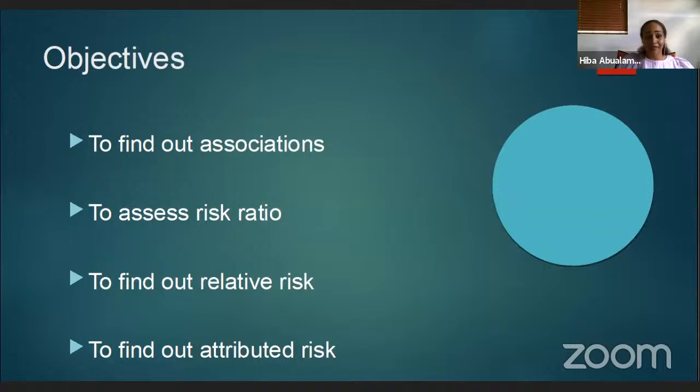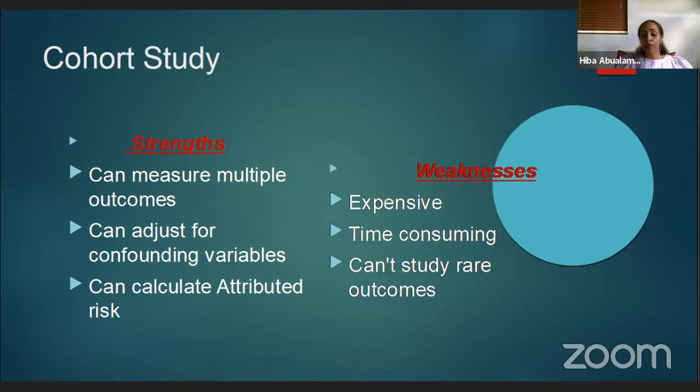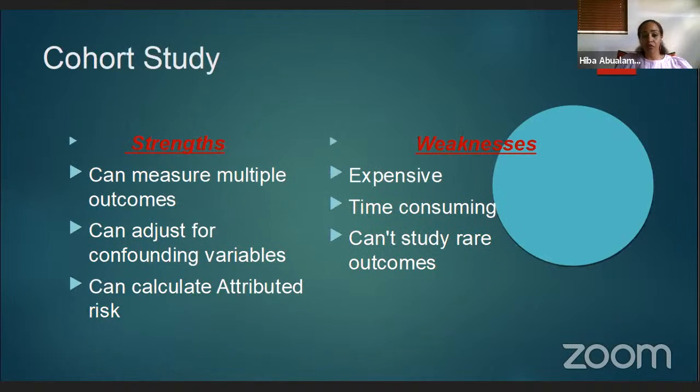What we can benefit from this study, the objective of it, is to find out association and to assess risk ratio and relative risk, and find out attributable risk. So the strengths of this study: it can measure multiple outcomes.